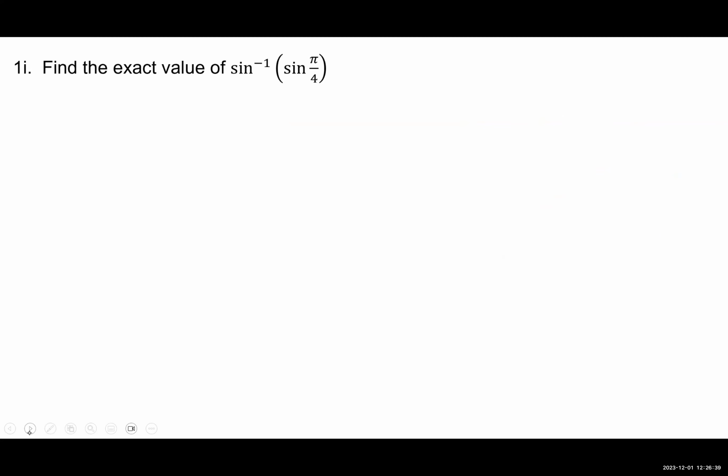So now the next step is to talk about the relationship between a function and its inverse. What we saw previously, before we started trigonometry, we talked about functions and inverse functions.